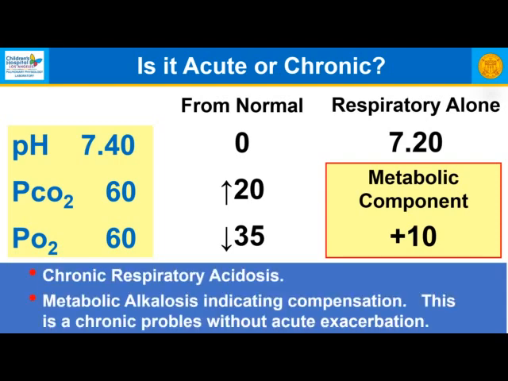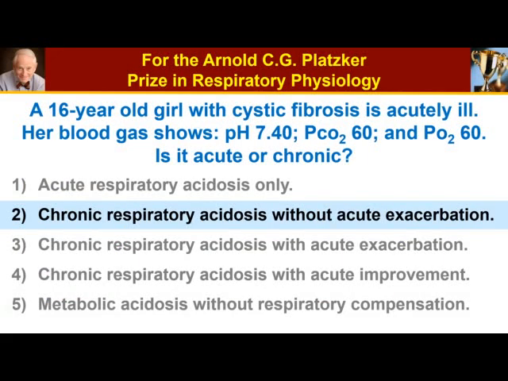This is chronic respiratory acidosis because there's a metabolic alkalosis, which indicates compensation. There's an acidosis here, but the pH is normal, so it means that there's been complete compensation and that this is a chronic problem, without acute exacerbation. If you saw this kid in the emergency room, you might worry about the PCO2 of 60, but at least you know it's not an acute change. This has been something she has been doing chronically.